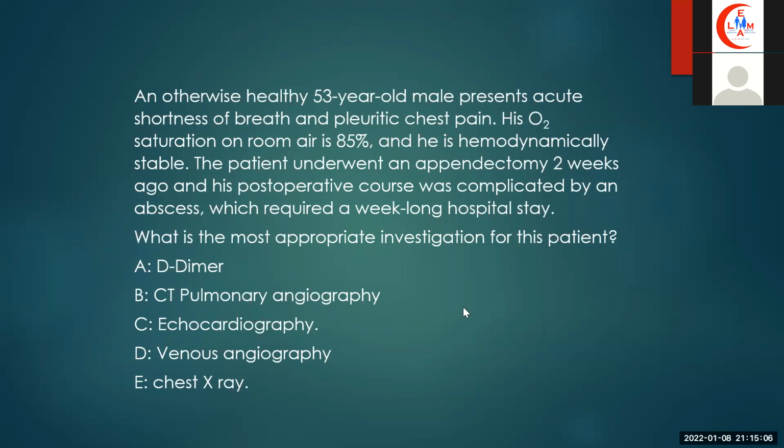There are different parameters: heart rate more than 100, hemoptysis, if a patient has malignancy, signs of DVT or past medical history of DVT or pulmonary embolism, major surgery, or the patient had bed rest for more than 3 days, and if PE is the more likely diagnosis.